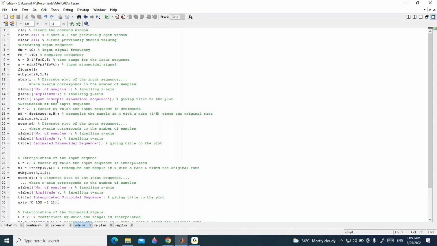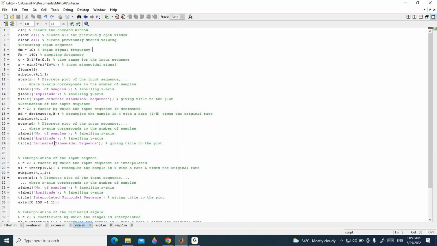Now, decimation of the input sequence by a factor M. Here we have to select the factor M. Here, M is equal to 2. So xd is equal to decimate(x, M). That is, resample the input sequence x at 1 by M times the original rate.